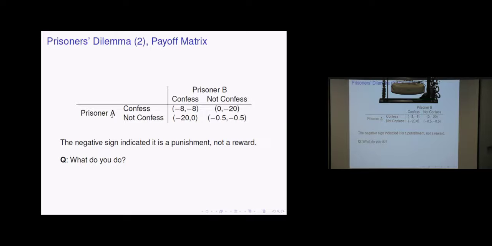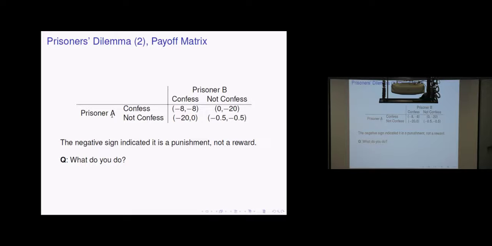In the case that Mr. B confesses, what should Mr. A do? Look at these payoffs. If Mr. A does not confess, he'll get 20 years. If he confesses, then he gets 8 years. So confessing is better.